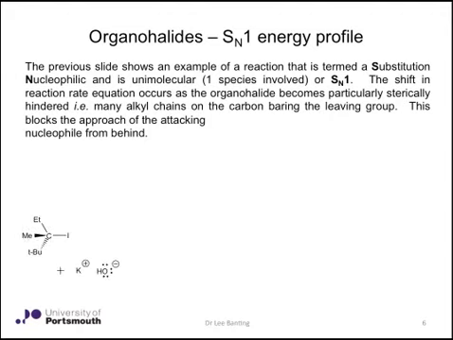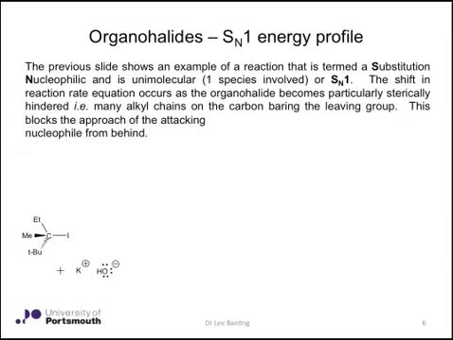So here we have a heavily substituted organoiodide. It's got an ethyl group, a methyl group, and a tertiary butyl group on it, so this is really quite heavily substituted. We're going to attack that halide with, let's say, aqueous potassium hydroxide. Now, hydrolysis of that iodide should occur, and we should get an alcohol out of the reaction, but it's not going to progress how we think so far.